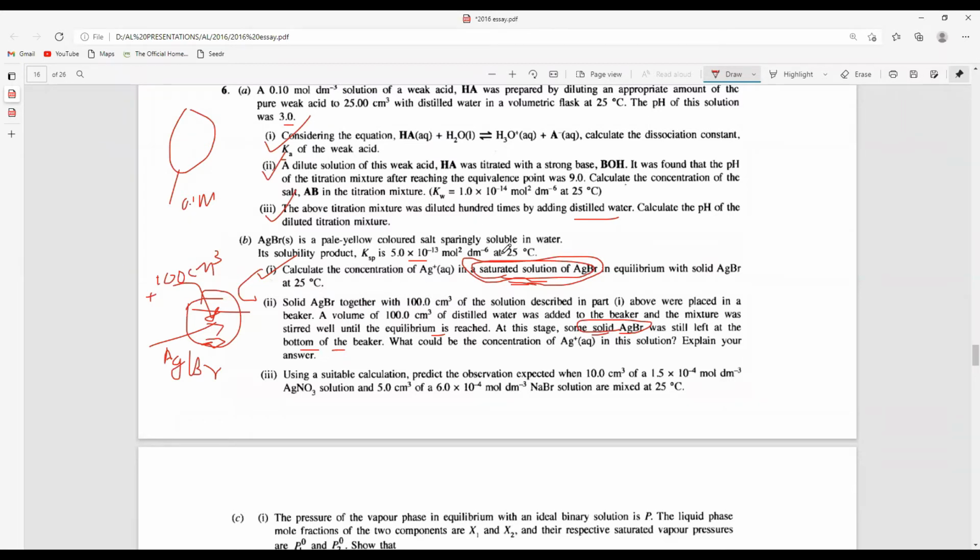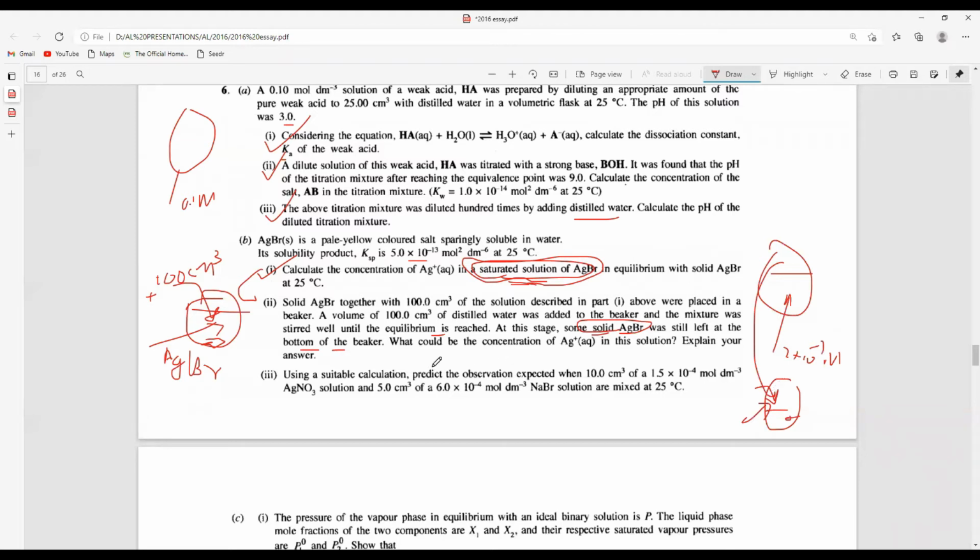In the saturated solution the AgBr solubility is 7 point something into 10 to the power minus 7 M. So this has to maintain Ksp. Either you add some additional solid here, the solubility is not going to change. Otherwise it would be a supersaturated solution, which is why the additional AgBr all gets precipitated out in order to maintain the same solubility in the solution.